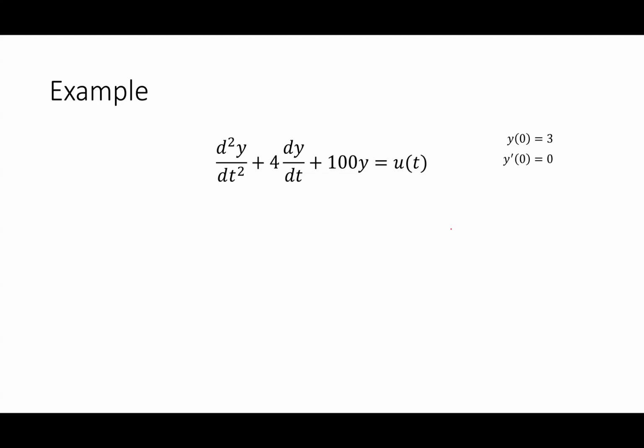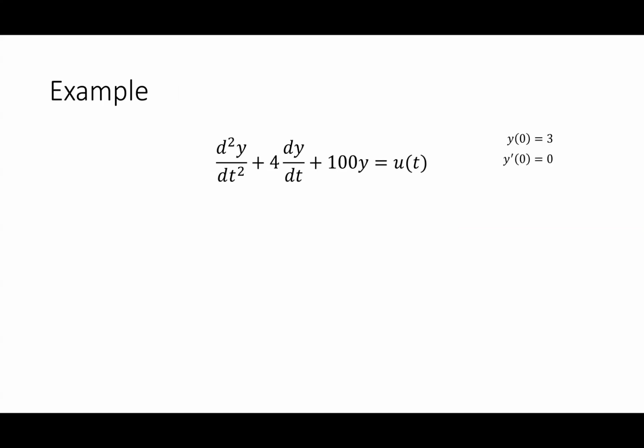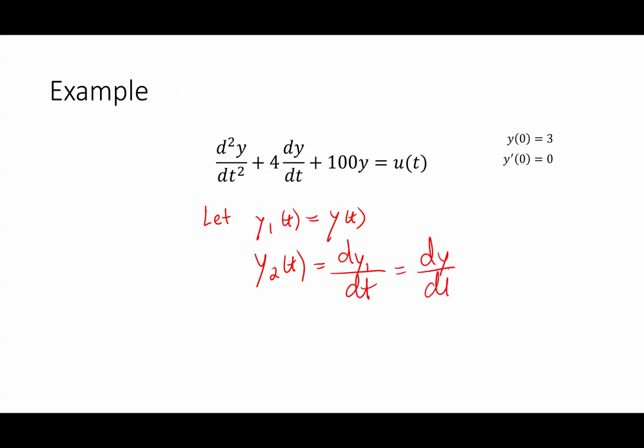All right. So I got this result here. So I want to put this guy into discrete time. To do that, I just go back to my result that I had right here. What I said was I made this definition. I said, well, let y1 of t be equal to y of t, and let y2 of t be the derivative of that.